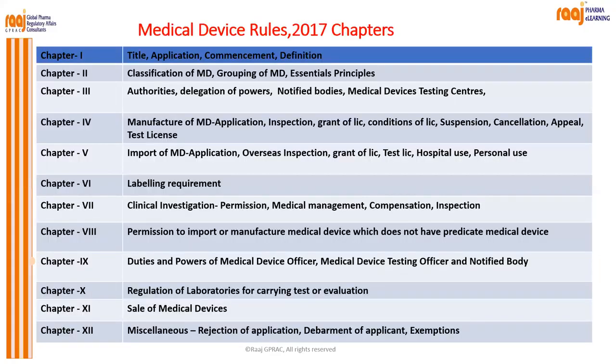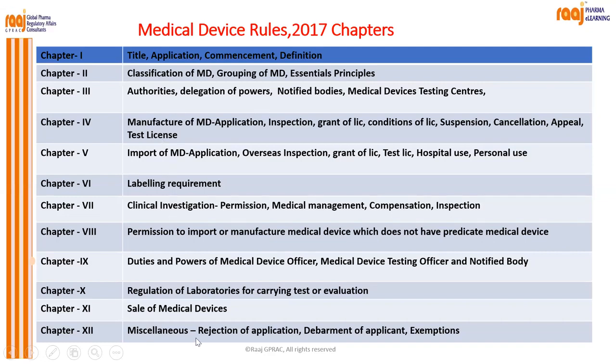And these are the 12 chapters. If you see, the title, application, commencement and definition are given under each chapter. Chapter 1 always starts with the title, application, commencement, definition. Chapter 2 gives the classification of MDs, grouping of MDs, essential principle. Chapter 3, authorities, delegation of power.